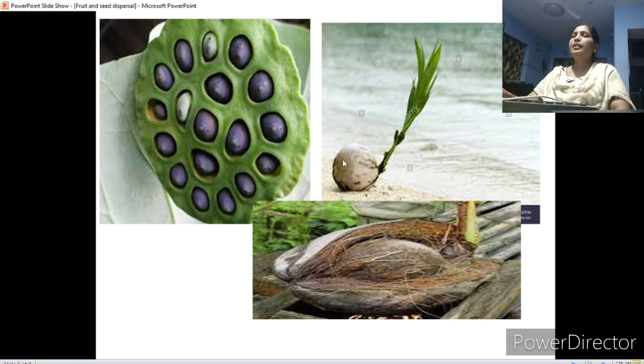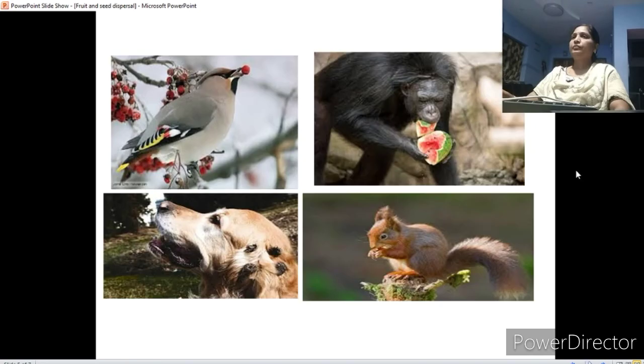So along with water they flow, and in some area where the conditions and the soil are favorable for them, they get stuck and start giving rise to new plants. So lotus and coconut are some examples of water dispersal.